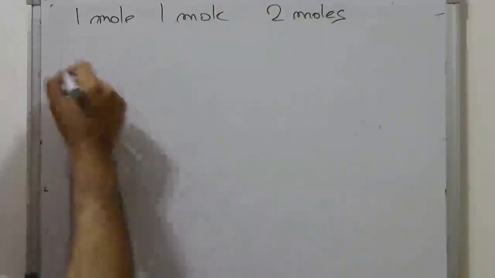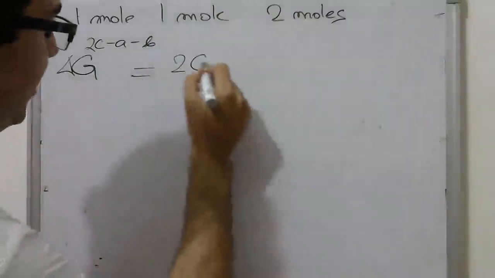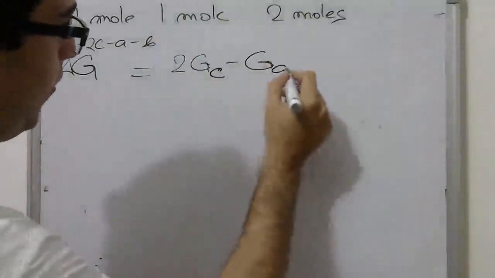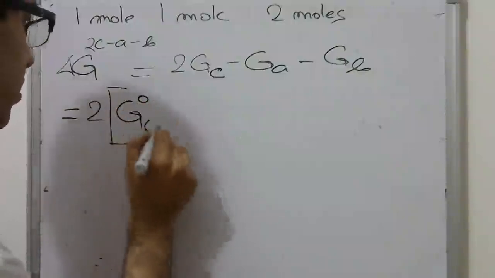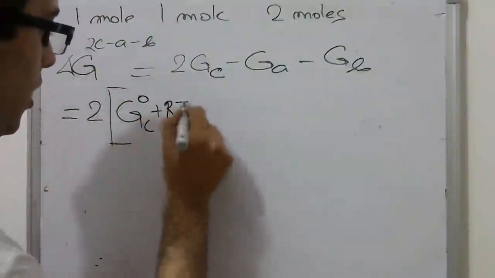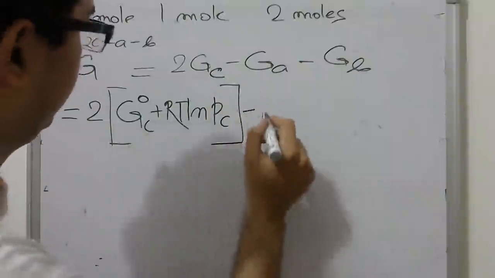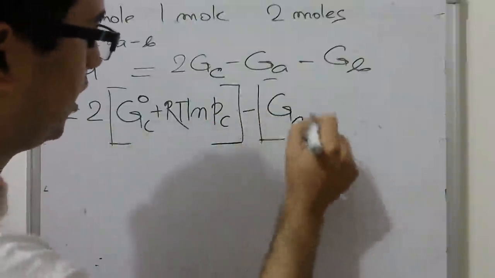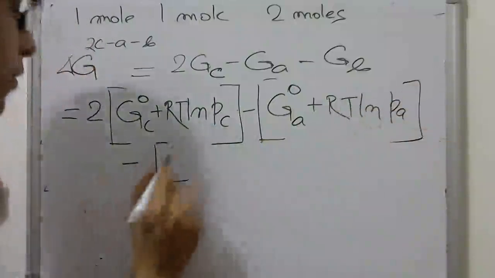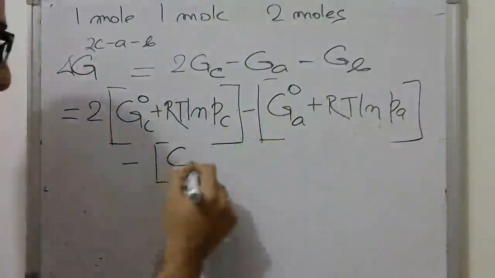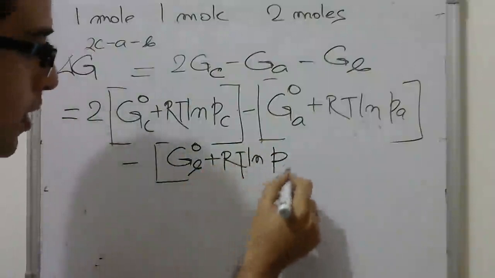Right? So delta G for 2C minus A minus B is 2GC minus GA minus GB, that is twice multiplied by GC0 plus RT ln PC, minus GA0 plus RT ln PA, minus GB0 plus RT ln PB.